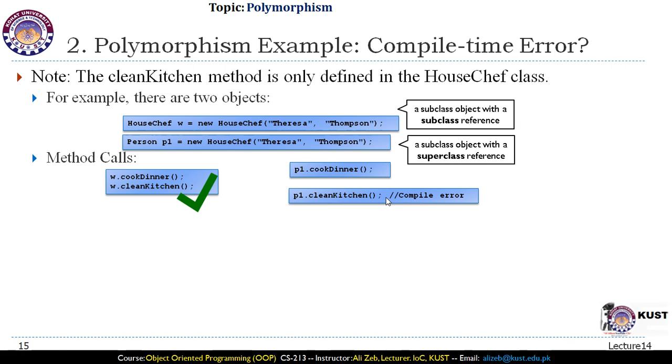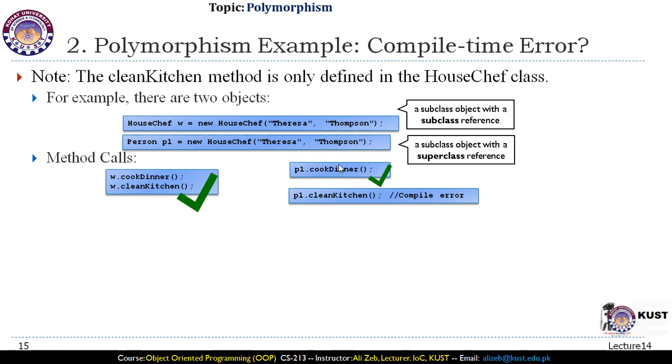This one should execute correctly because the cookDinner method is defined in the HouseChef class, and if we call that method using an object of the subclass, even with a subclass reference, it will execute fine. The cleanKitchen method is defined in the HouseChef class, and if we call this method using an object that uses a reference of the subclass, again it will be executed.